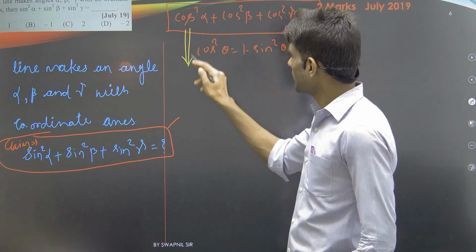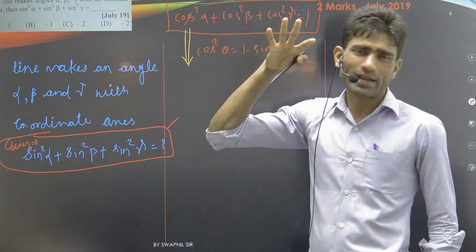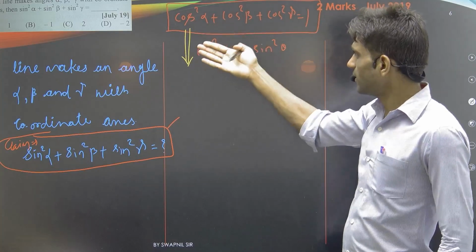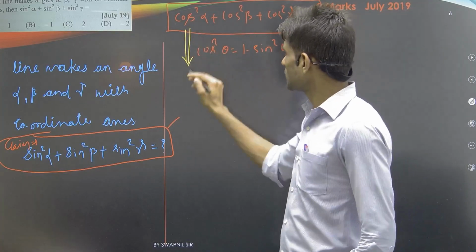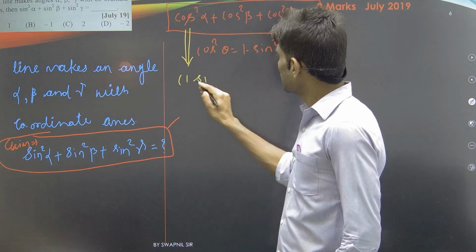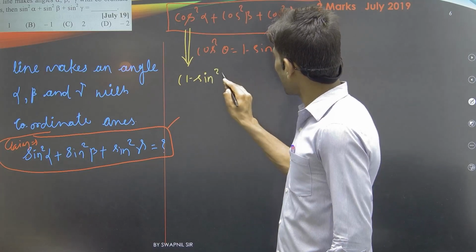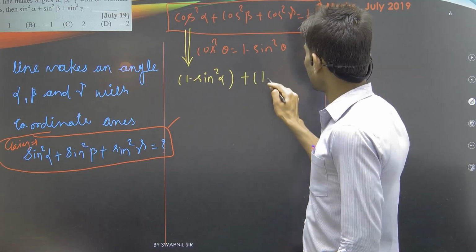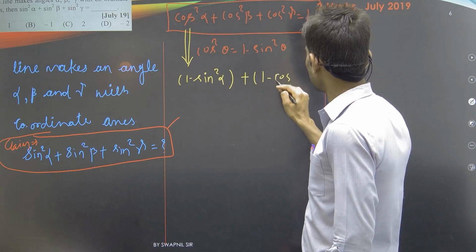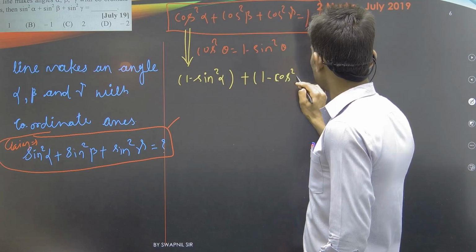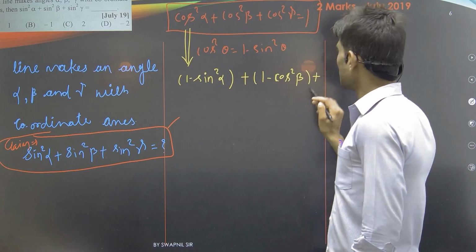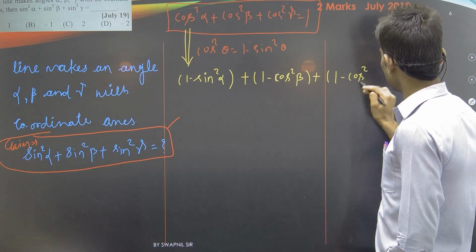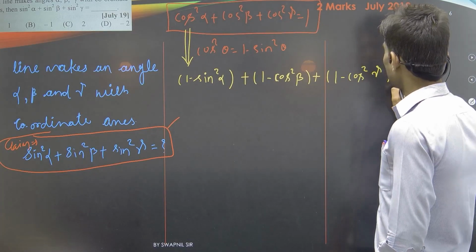Cos square alpha is the standard result for finding direction cosines, so write it in the form of sin square: 1 minus sin square alpha, plus 1 minus sin square beta, plus 1 minus sin square gamma, which is equal to 1.